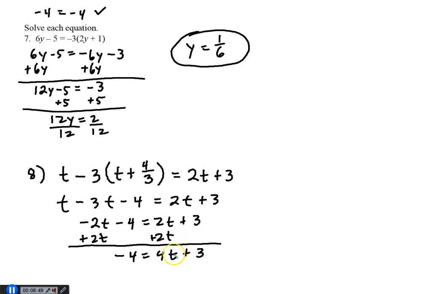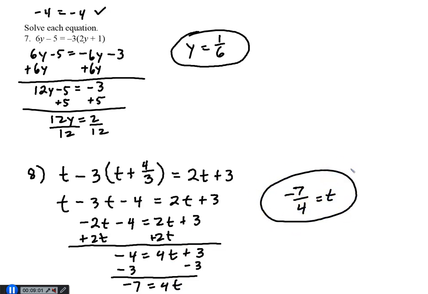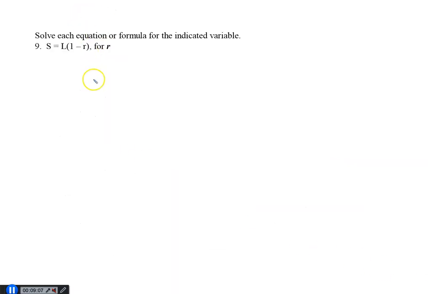All right, and trying to get t by itself, so I'm going to subtract 3 from both sides. And now I'll divide by 4 on both sides, and I got t is -7/4. All right, very good.